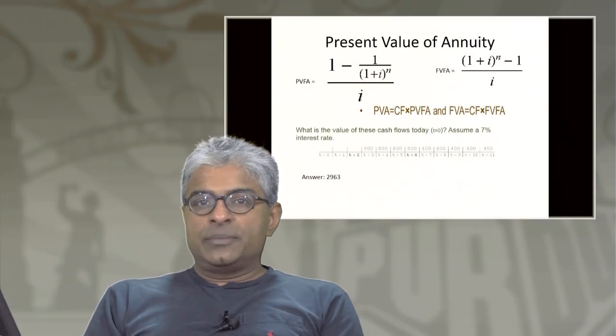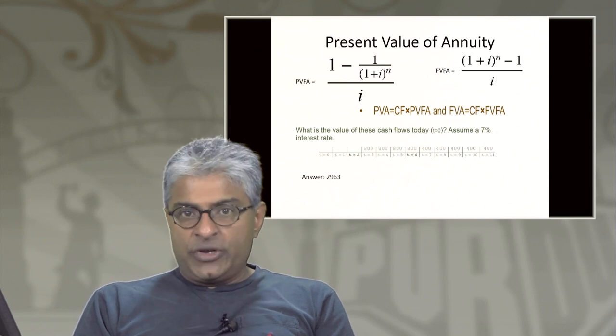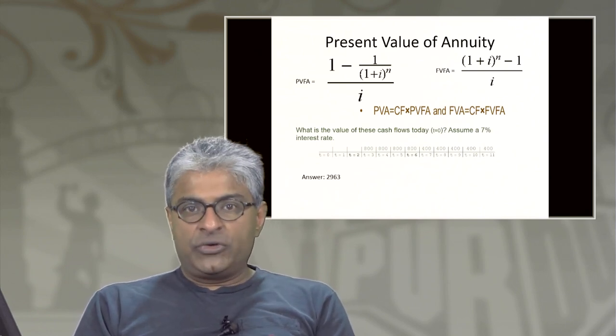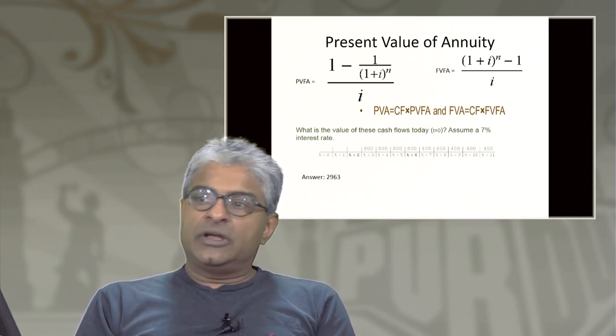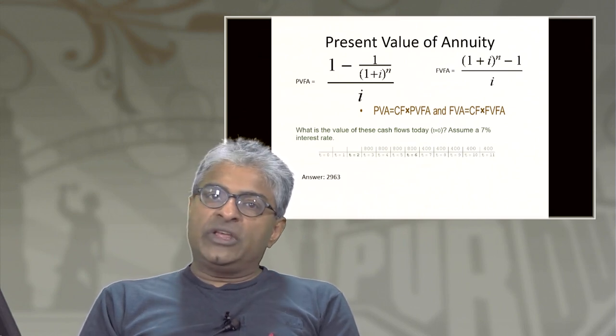So recall that in the previous video, we talked about annuities, and I used an example of moving a stream of annuity payments to the future using the future value of annuity calculations. Now, it turns out that we can do the same thing.